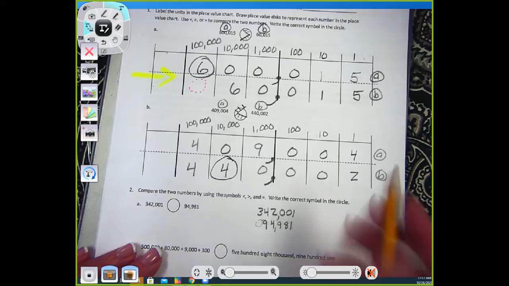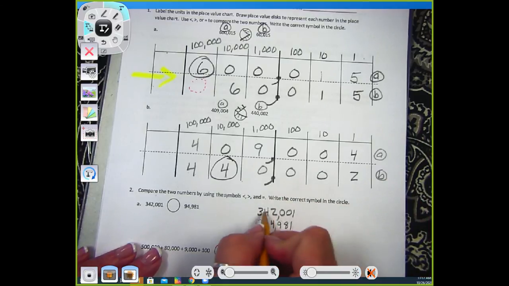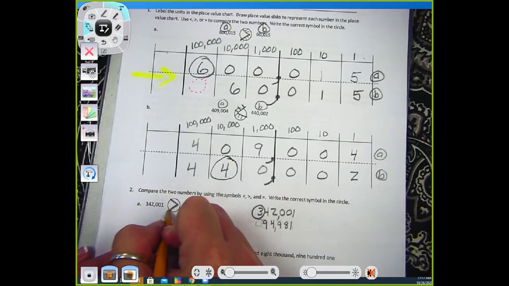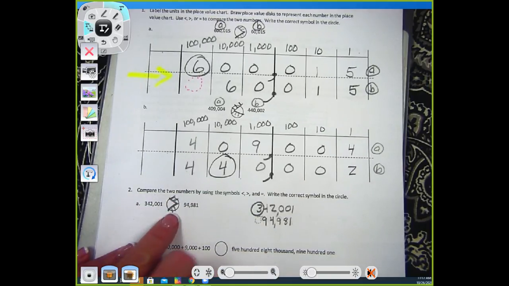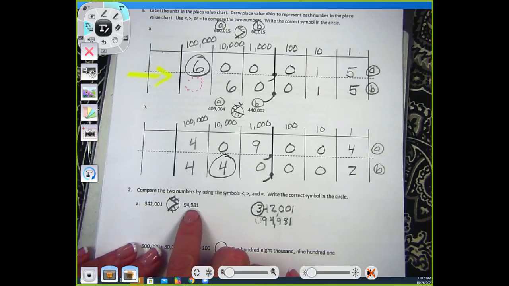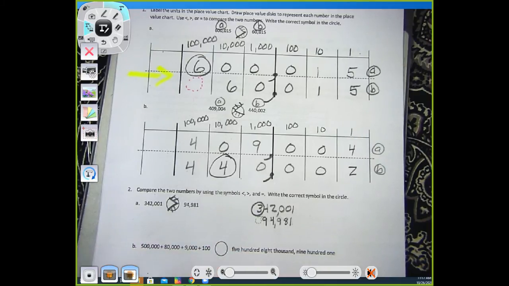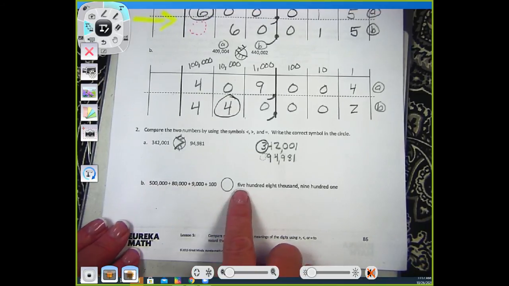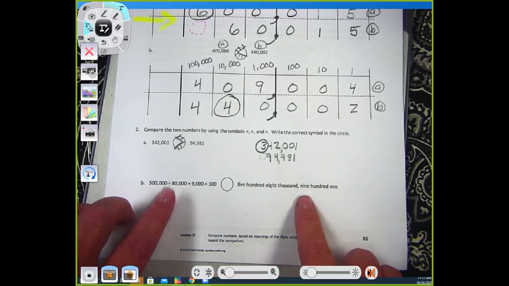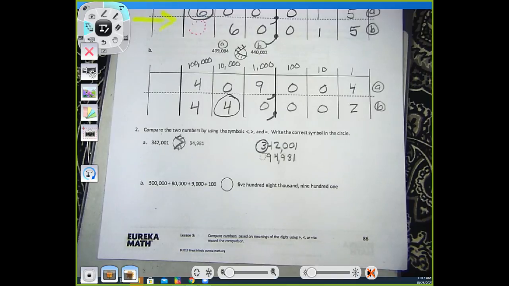3. 3 is bigger. So the opening is going to go towards the 3. 342,001 is greater than 94,981. Ooh, this one, we need to get them to the same form. Couple of ways.